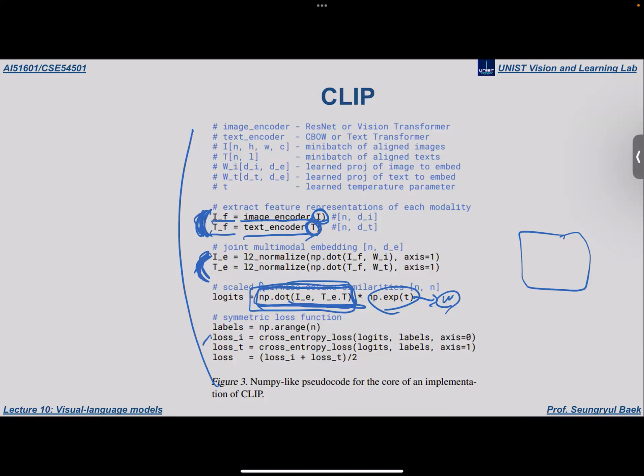And we apply two cross-entropy losses for the verticals and the horizontals, okay? This is denoting their axis, right? We average these two losses and do the backward pass. This is the way we train CLIP.